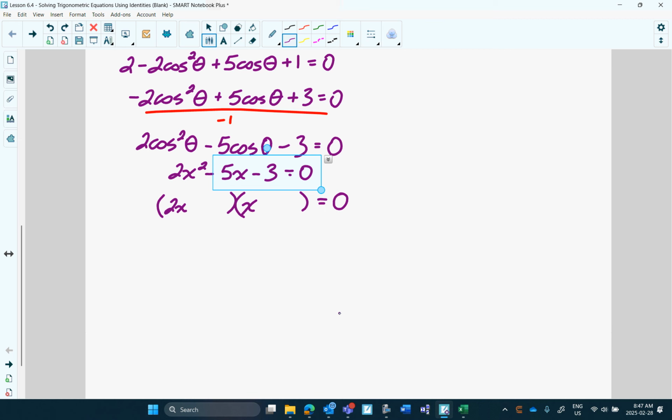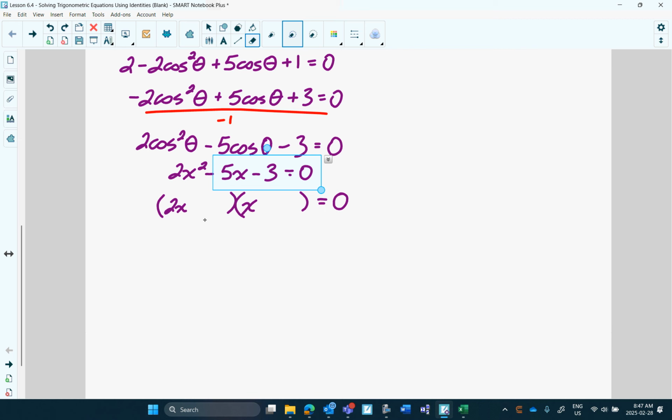Anyone want to try? 3 and 1. Can't hear. Somebody give me something to try. Give me something you said. I have no idea what you just said. 3, 1. One has to be positive, one has to be negative. 1 and negative 6.